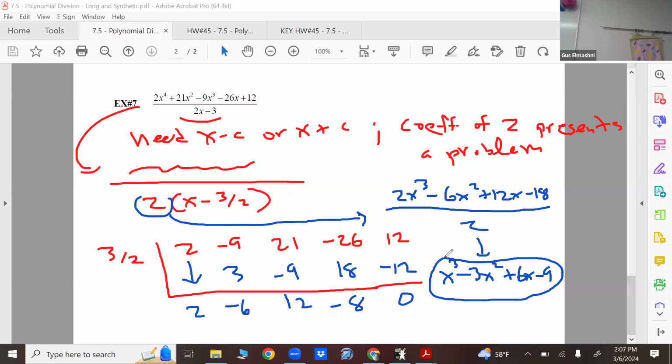Well, 2x is 2, minus 6x is 2, plus 5, 6, minus 18, then a minus 8.